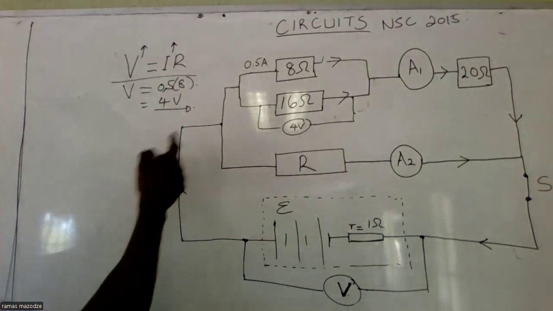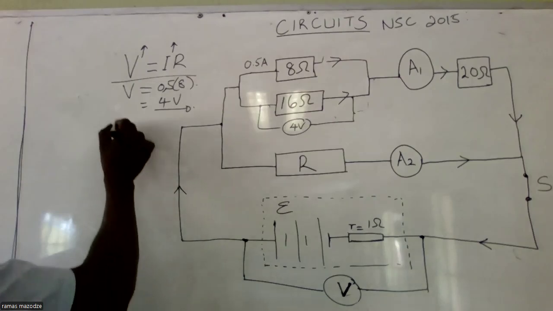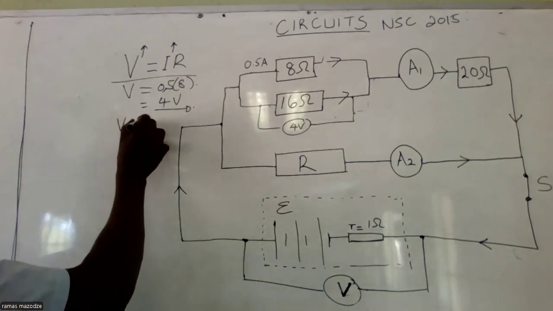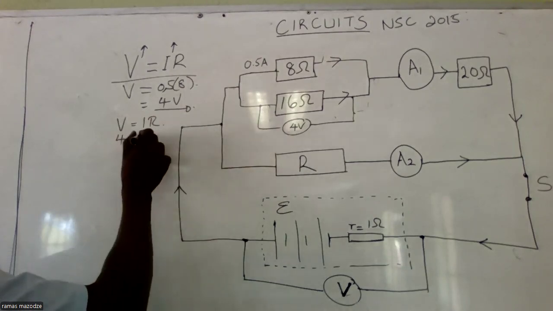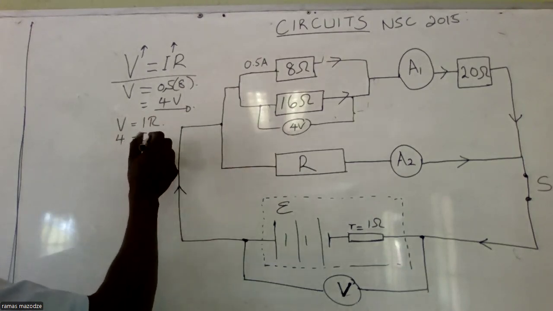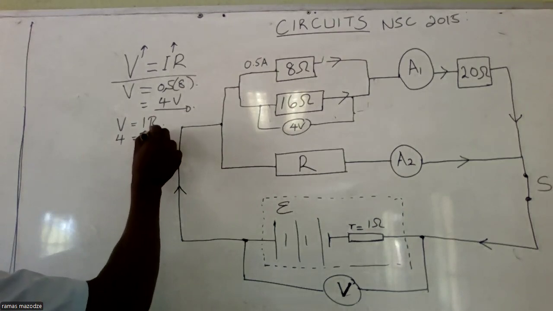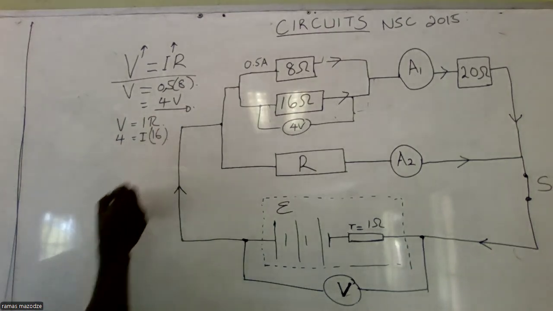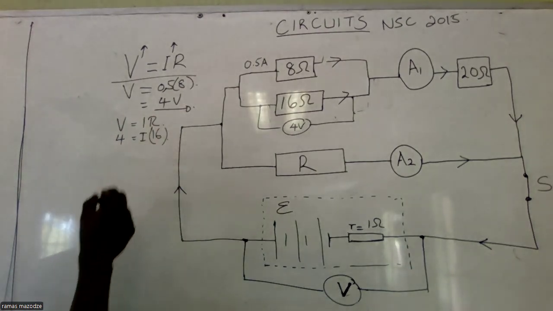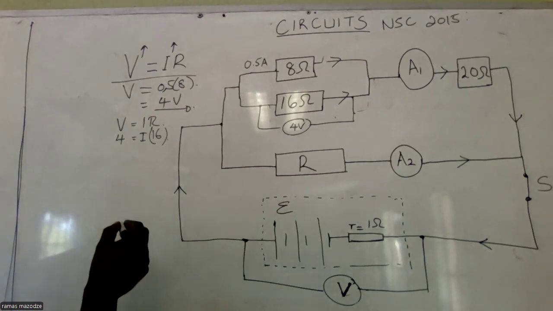Right. So how much current is passing through there? Ohm's law again, V is equal to IR. So 4 volts is equal to whatever current times R, R is 16. Okay, so your current is, what is it?